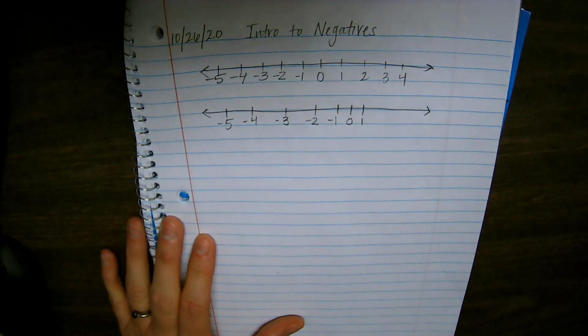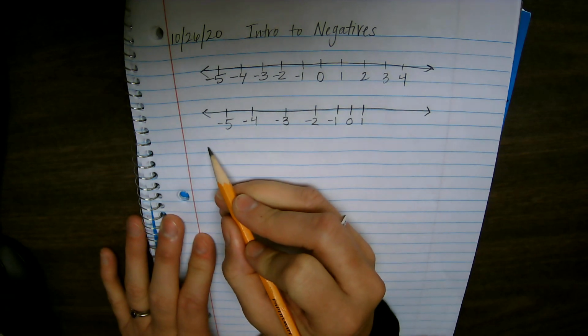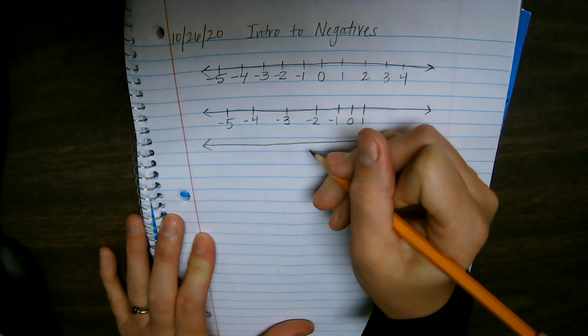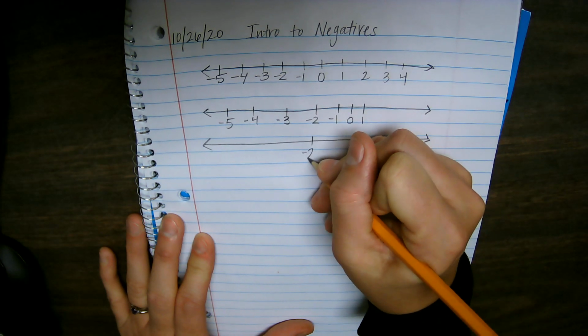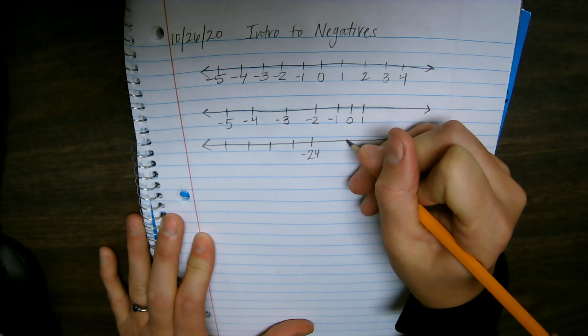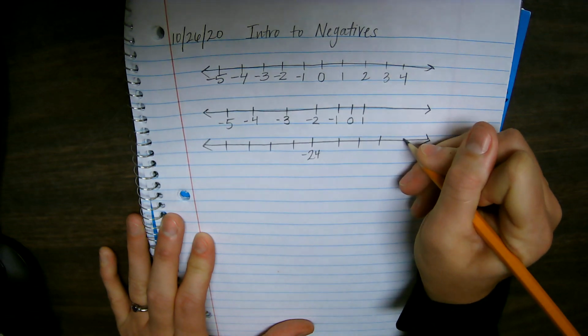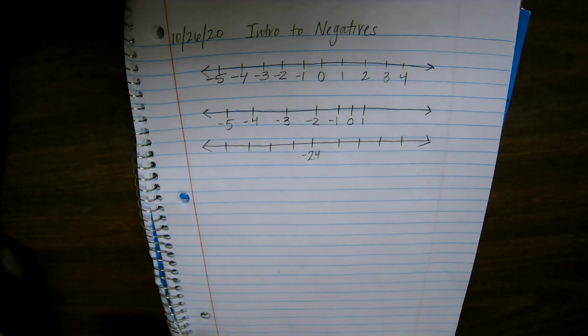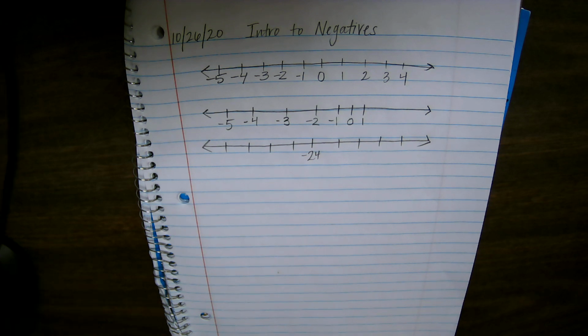Does that make sense? Now, what if I gave you like -24? Well, you're going to still pick a number, right? And then however many lines are there, you're going to label them. And actually, I'm not sure you even have to do this on your sheet.